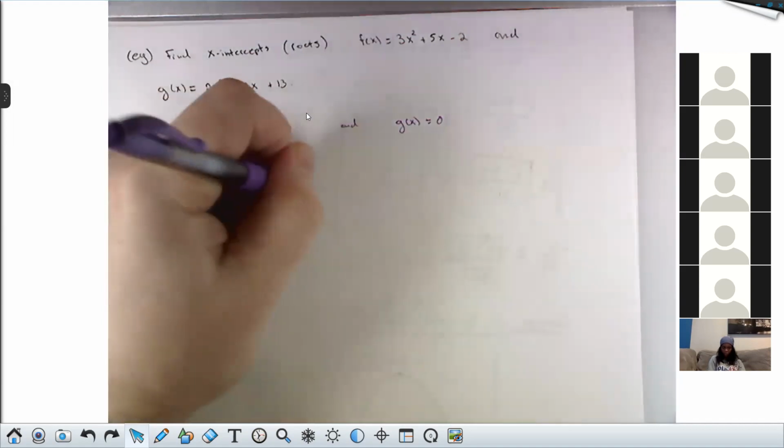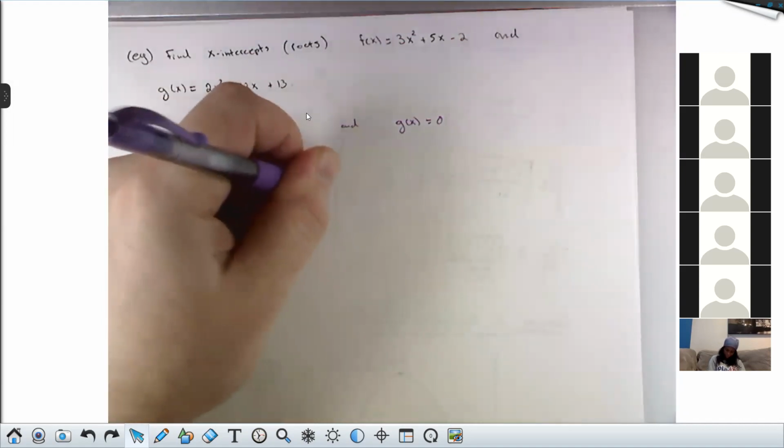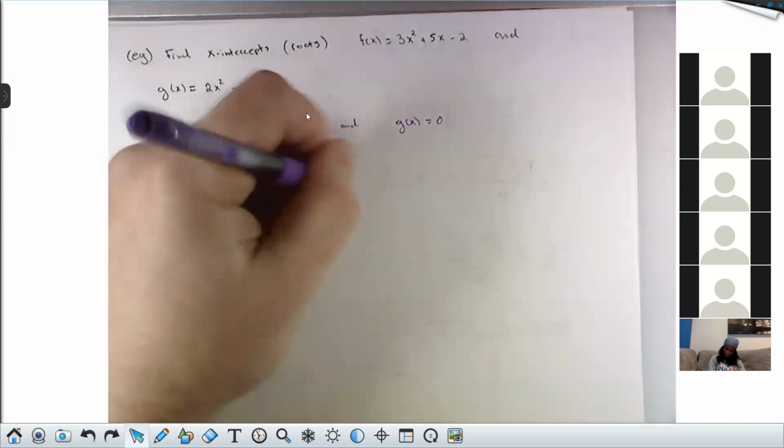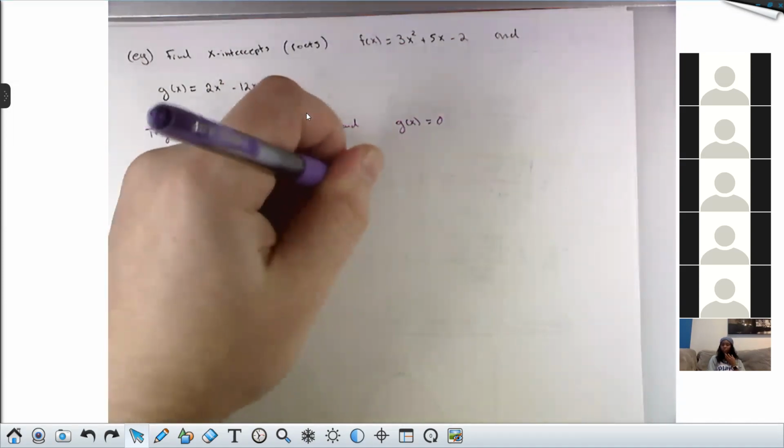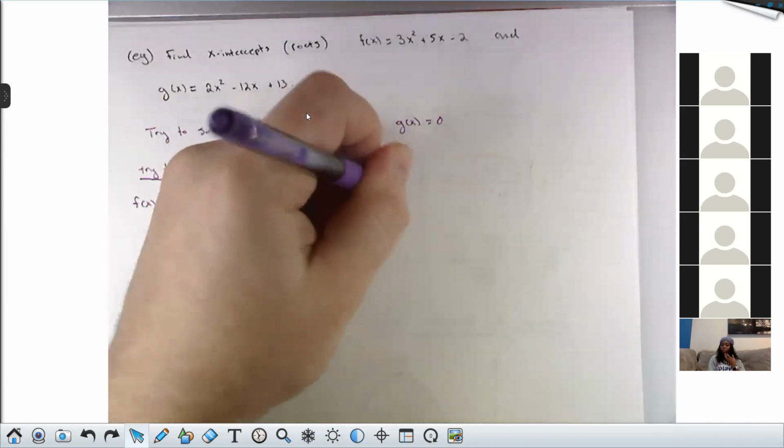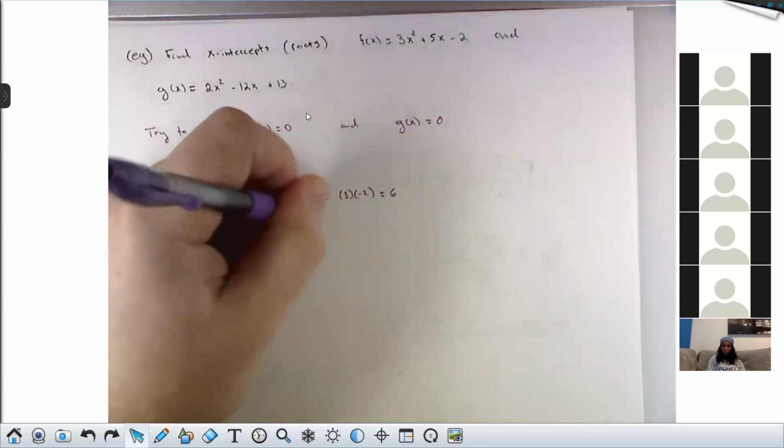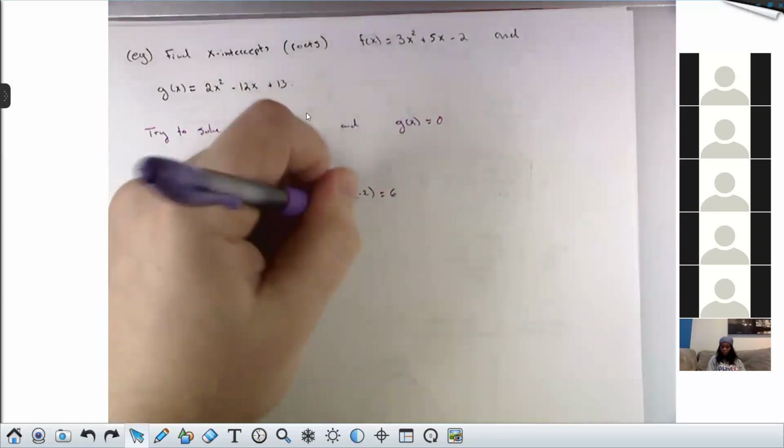Here, a times c is 3 times negative 2, it's negative 6. And b is positive 5.